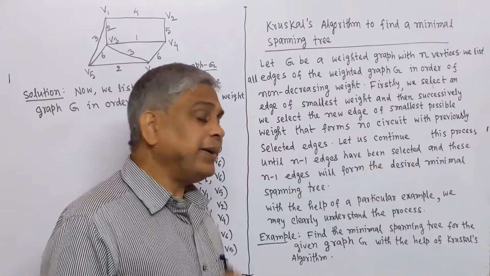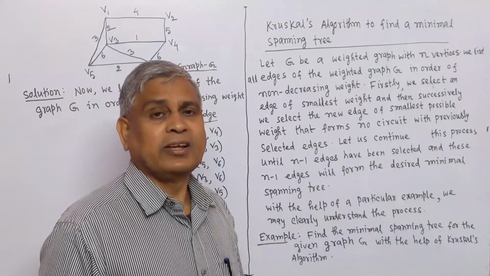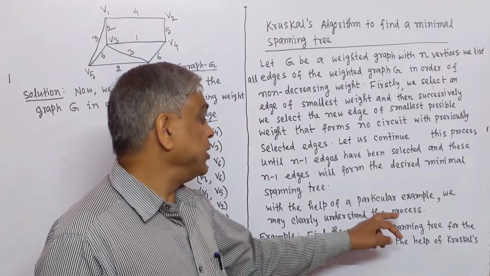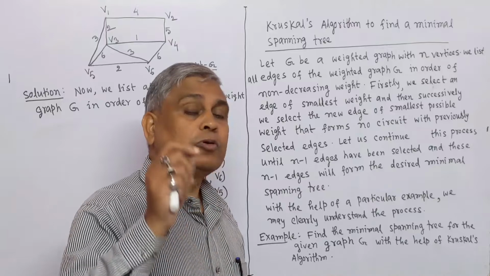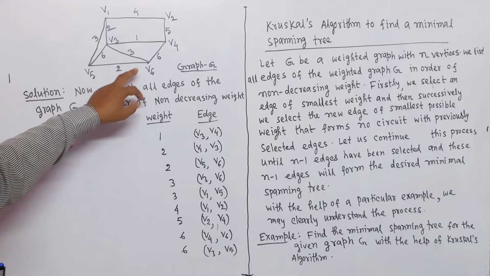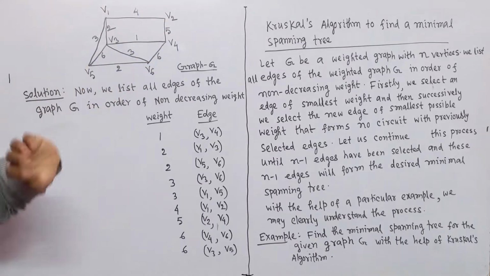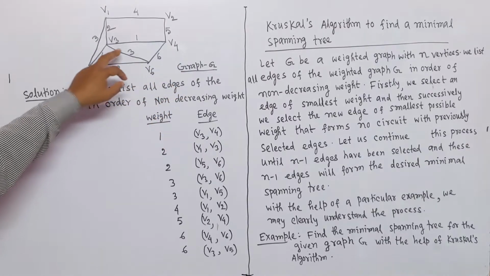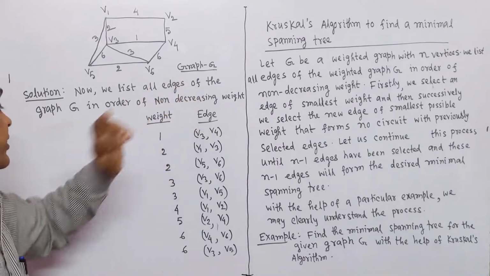With the help of a particular example, we may clearly understand the process. Now we take an example. Find the minimal spanning tree for the given graph G with the help of Kruskal's algorithm. Here the weighted graph G is given in figure. Now we list all edges of the graph G in order of non-decreasing weight.